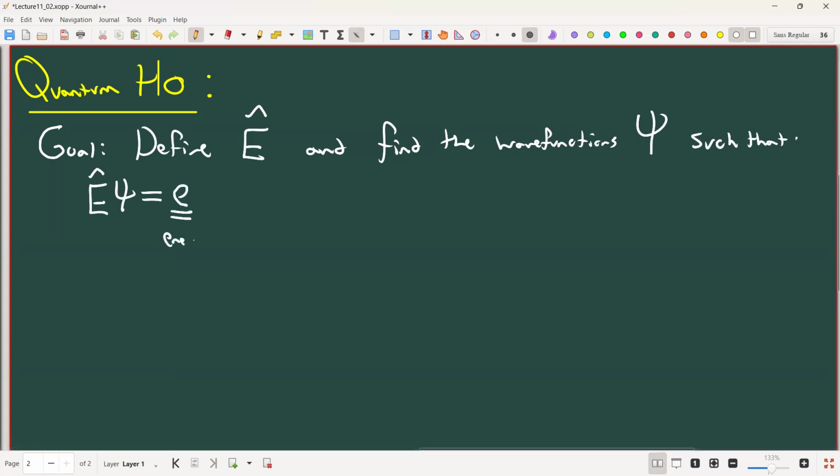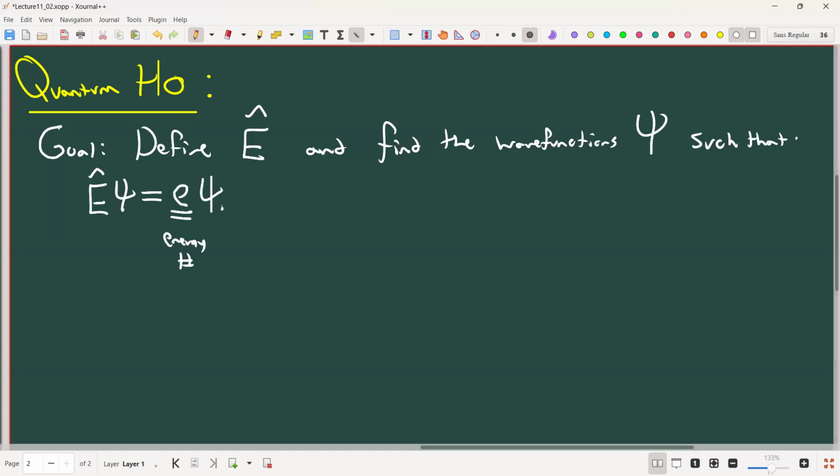This is an energy number, whatever it may be, times psi. Right? Same problem as always, right? We're looking for things that are eigenvectors of the energy operator that are left unchanged upon measurement.